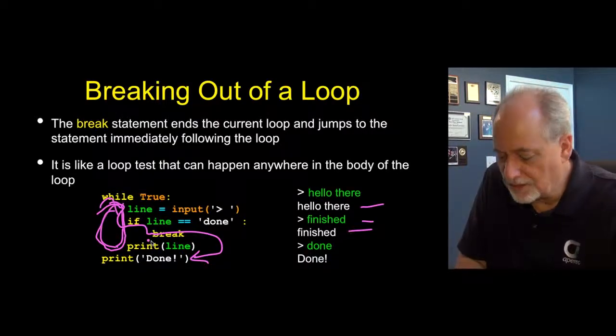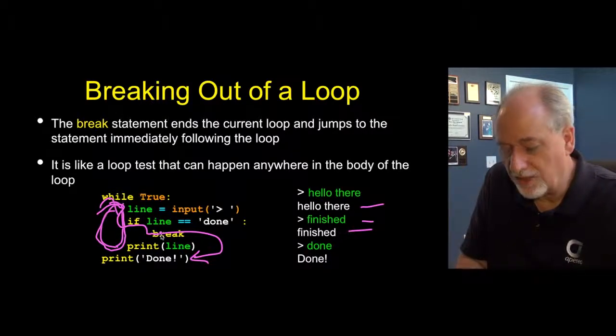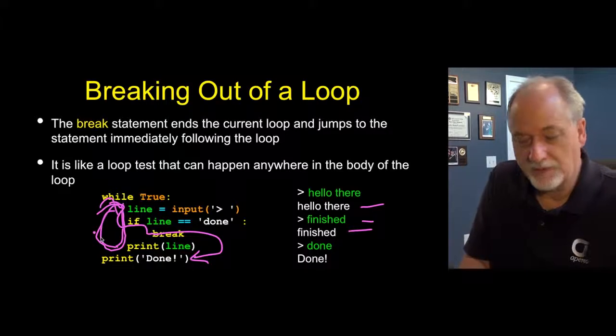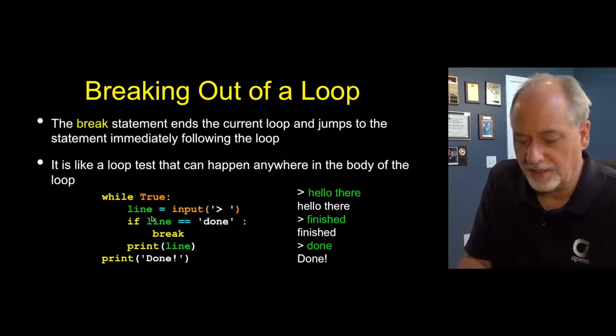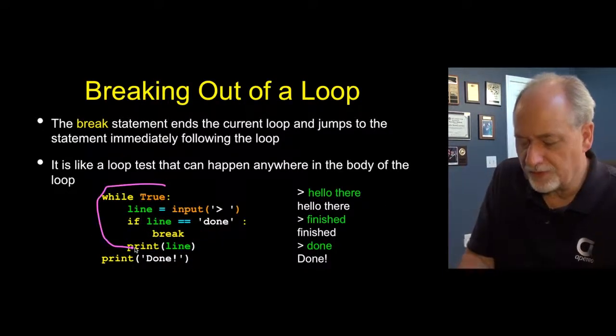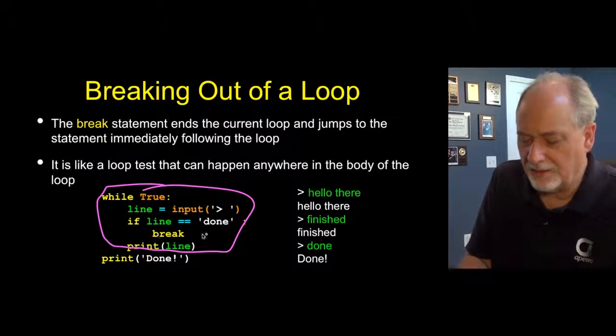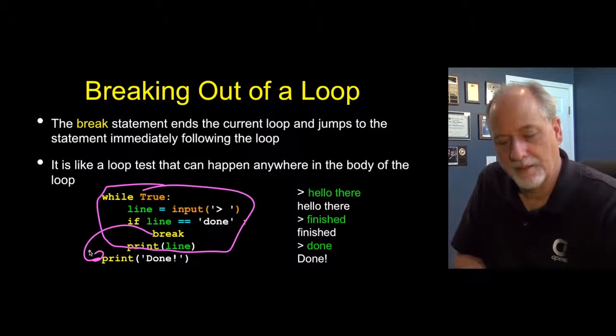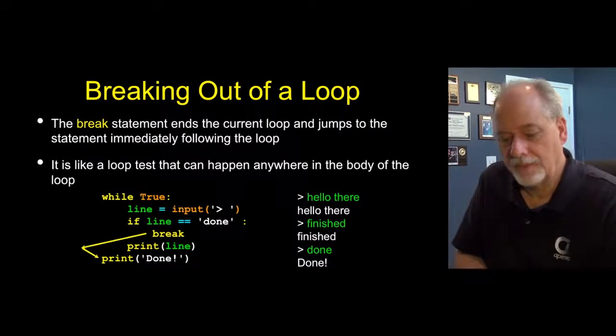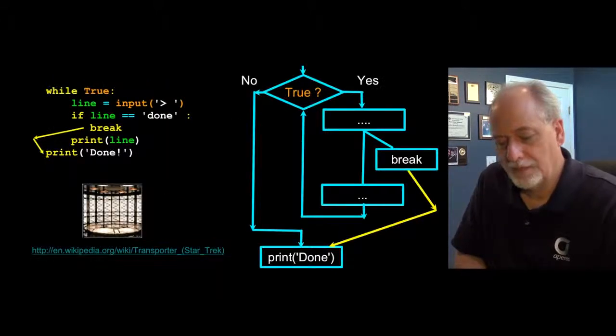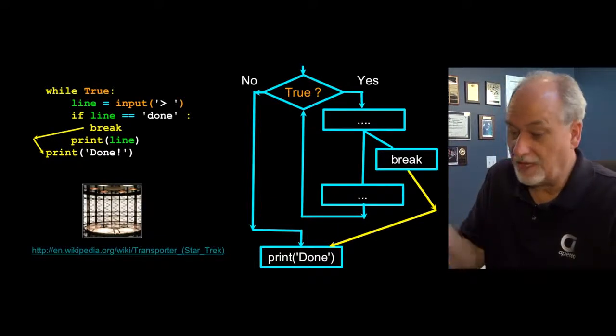The key is it doesn't go back. Once you've done a break, that loop is done. So you look at the block that is the loop. So here's the loop block, and then the break goes to the line after the end of the loop block. You can think of this as sort of like a hyperspace jump.